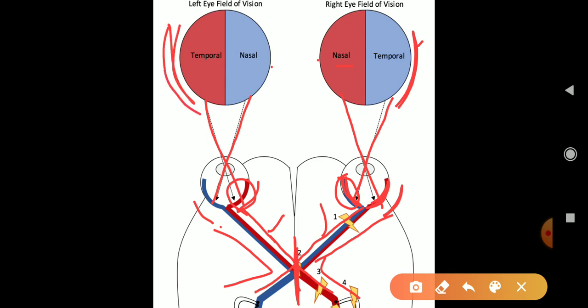We can say that the temporal part of the object is unable to form an image in the cerebrum. That's why the patient cannot see the temporal part of the object, but the nasal part the patient can still see. So it is half of the object. We call this condition bitemporal hemianopia.